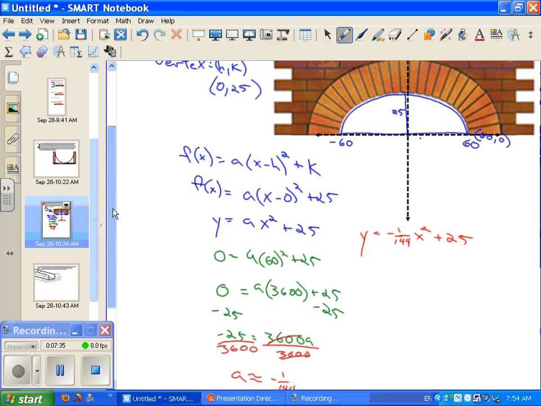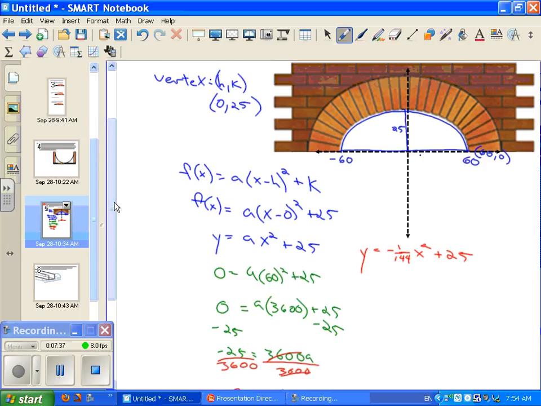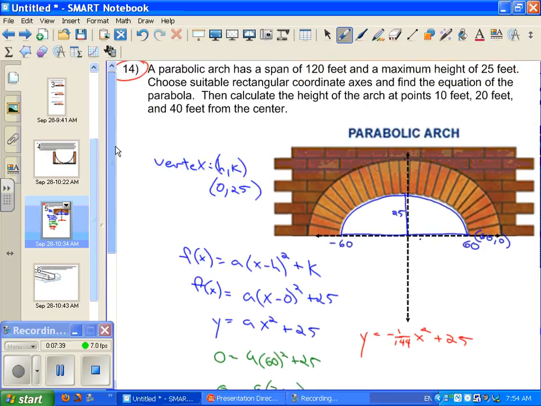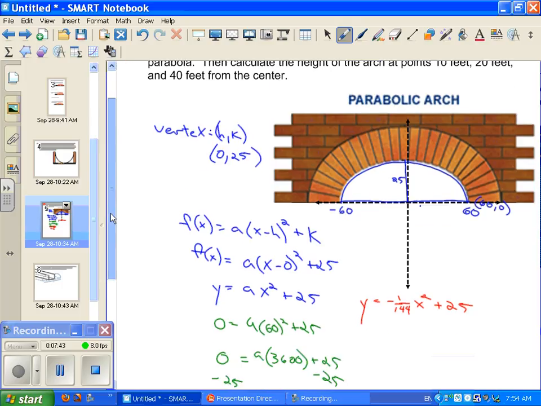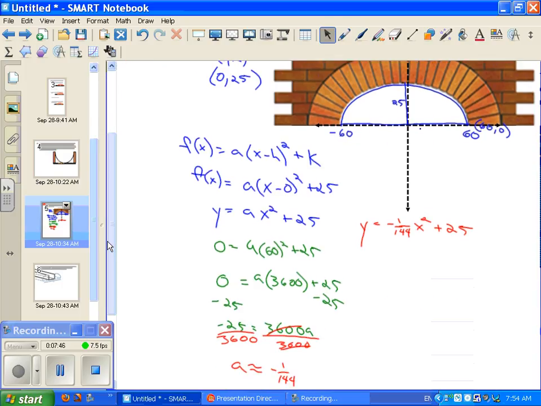All right. Easy enough. So that's the formula that I have, and we'll just do one of these. So if I wanted to figure out how high the arch was at 10 feet, then I plug in 10 and see what kind of y I'm going to get out.